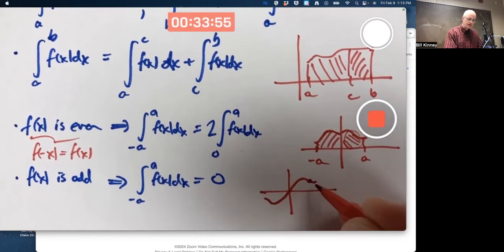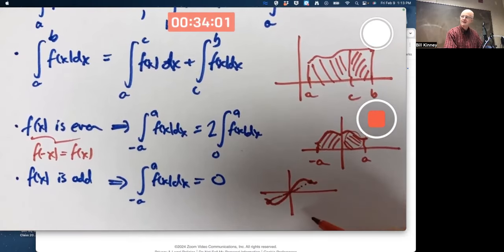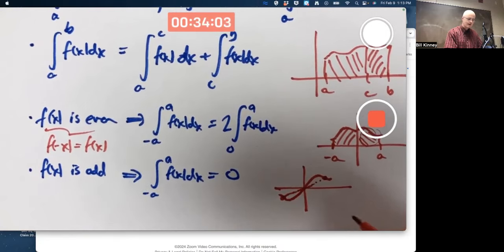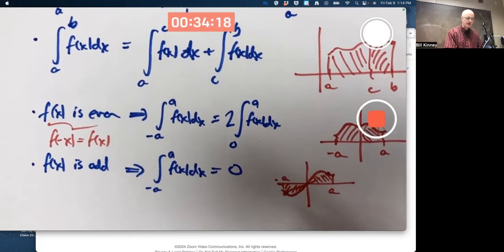Given any point over here, to find the corresponding point over here, you have to go through the origin, a reflection through the origin like that. And the areas are canceling out. That's a positive contribution. This is a negative contribution. And they're the same area, but contributing to the integral, they cancel each other out to give you 0.